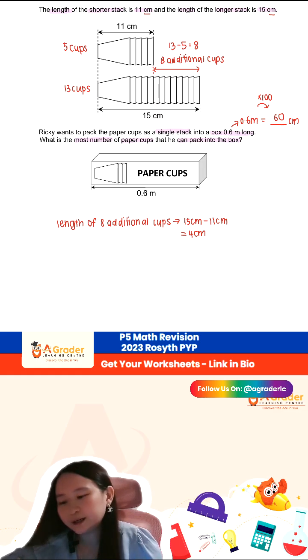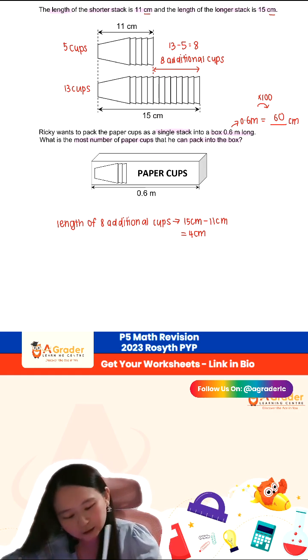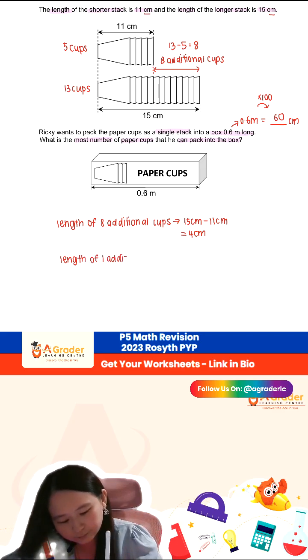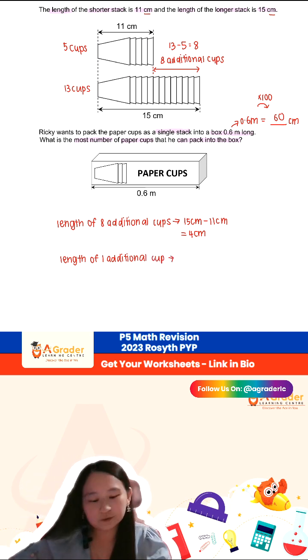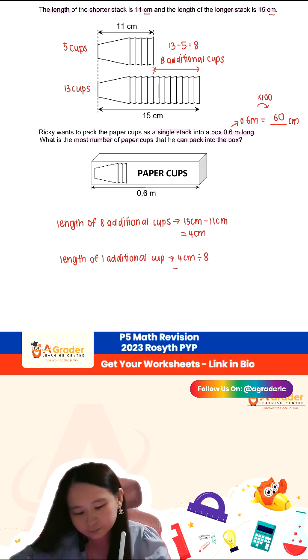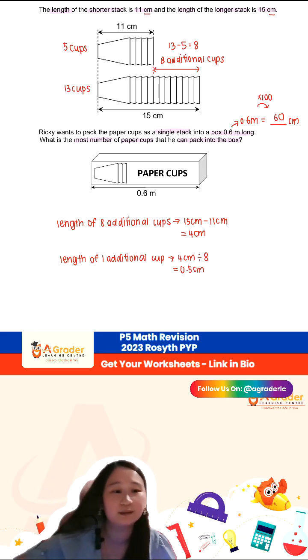So with this, we can find the length of one additional cup. We divided by 8 on both sides. Means every additional cup will require a space of 0.5 cm in length.